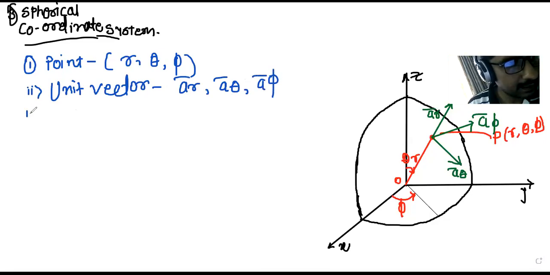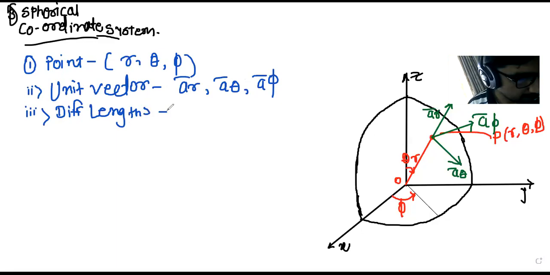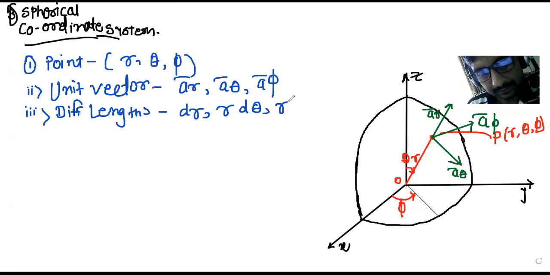Then similarly, we have next point is differential length. We have here differential lengths as dr, comma, r d theta, comma, r sin theta d phi.